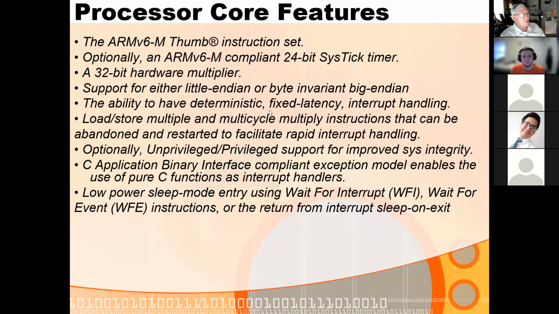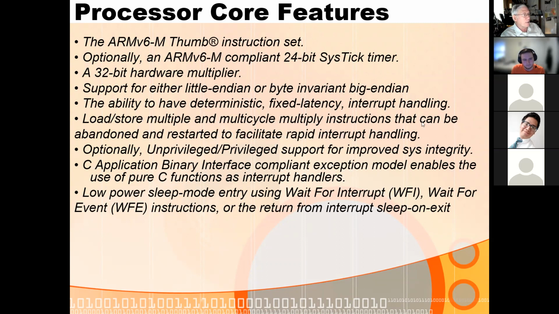Now, if you have a very slow changing signal, it doesn't really matter that much. But if you're trying to push the limits and sample as fast as you can, then jitter can definitely cause nightmares for you. And then, like I said, there are these load and store multiple and multi-cycle multiply instructions.